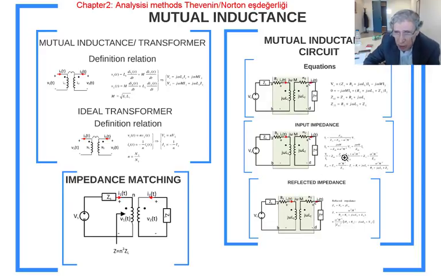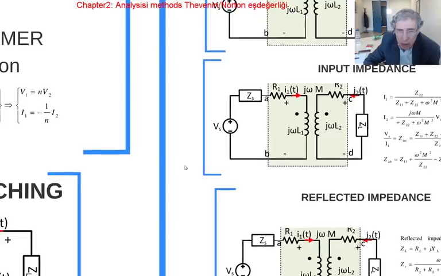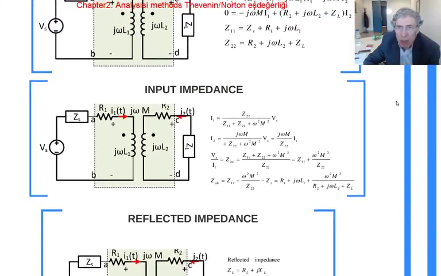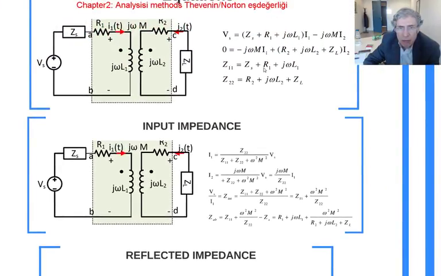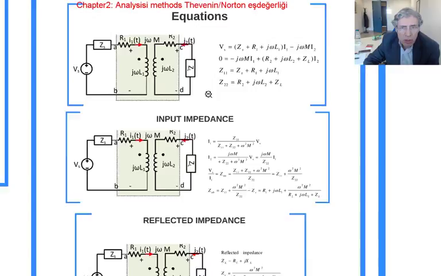So what would be the relation between these? For example, Z11 is the impedance seen from here, Z22 the impedance seen from here, both these are the equivalents.